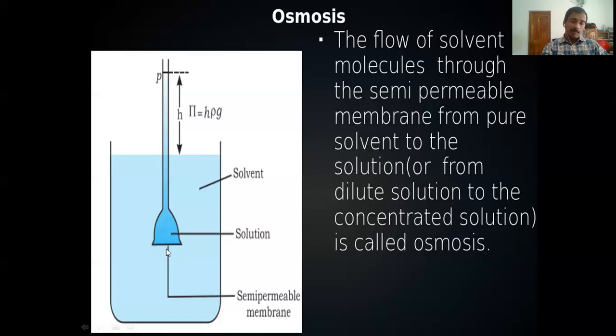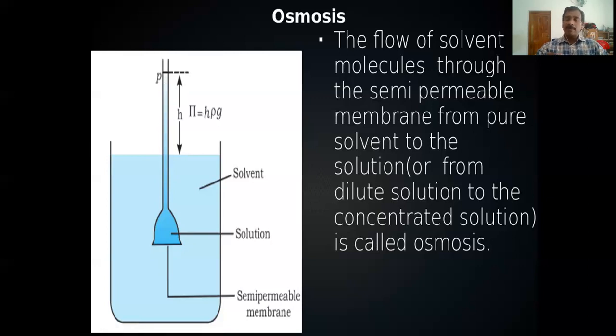So solvent will move into the funnel through the semi-permeable membrane. As a result, what happens? You can see the level of solution inside the funnel is increased to a height of h. It is osmosis. And now what is osmotic pressure?